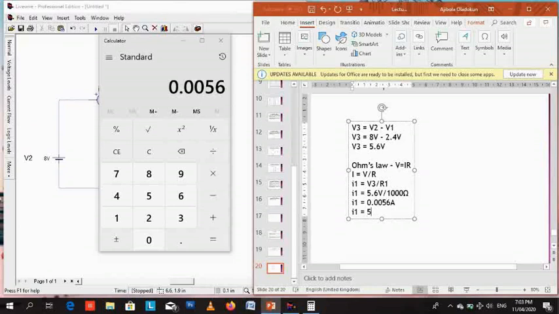So I1 is 5.6 times 10 raised to the power minus 3 amps. 10 to the power minus 3 is milli, so that's 5.6 milliamperes. That's the current that should flow through.